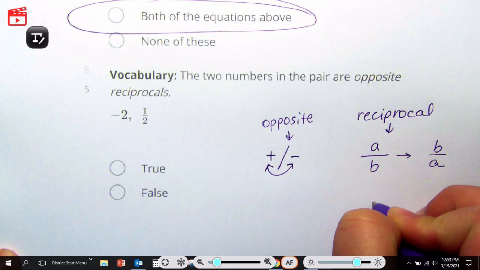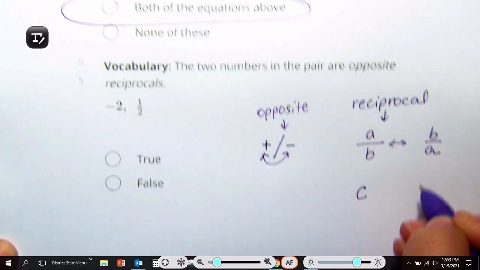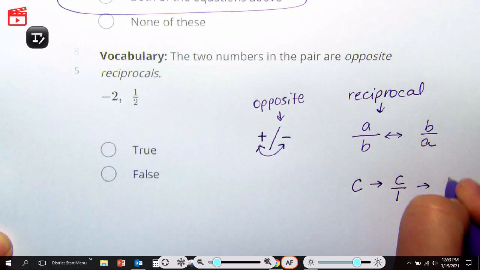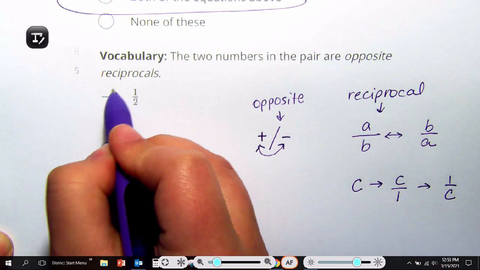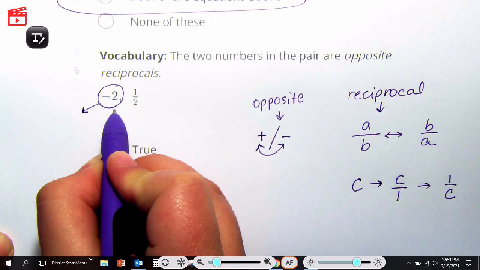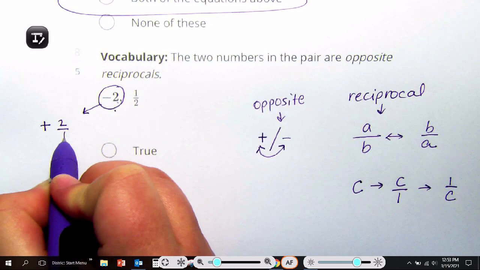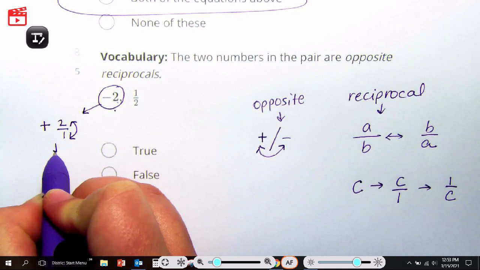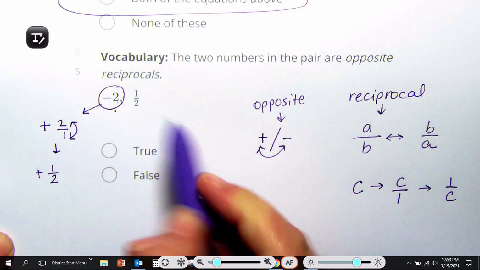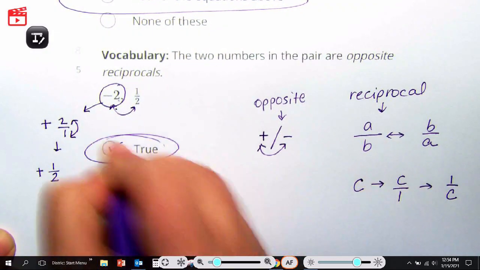If it is a whole number, you take the whole number, make it into a fraction, and then flip the fraction. So if we have negative 2, let's start with negative 2. The opposite of negative 2 is a positive. We have to make this into a fraction and flip it. So the opposite reciprocal would be a positive 1/2. So are these opposite reciprocals? Yes, that is very true.